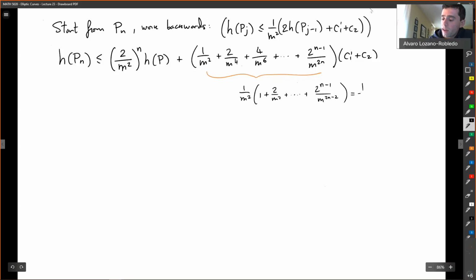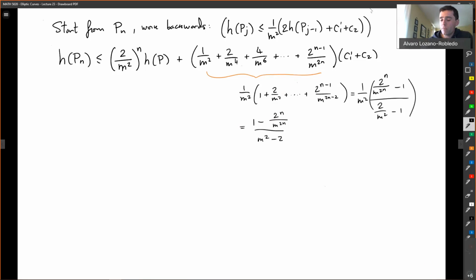This is 1 over m squared times (2 to the n m to the 2n minus 1) over (2 over m squared minus 1), which is (1 minus 2 to the n over m to the 2n) divided by (m squared minus 2). If you simplify, I just multiply through by the 1 over m squared. And well, this is less than 1 over m squared minus 2.